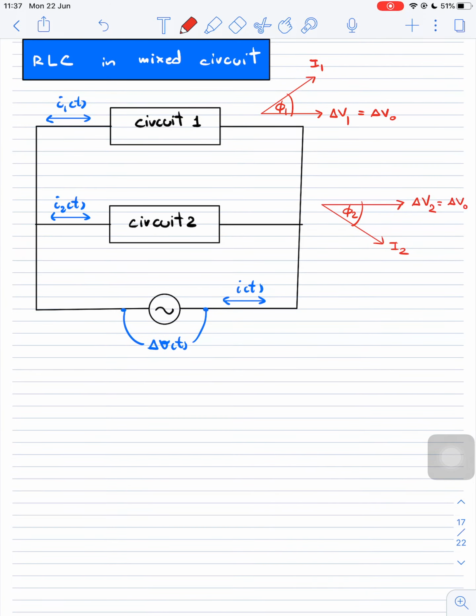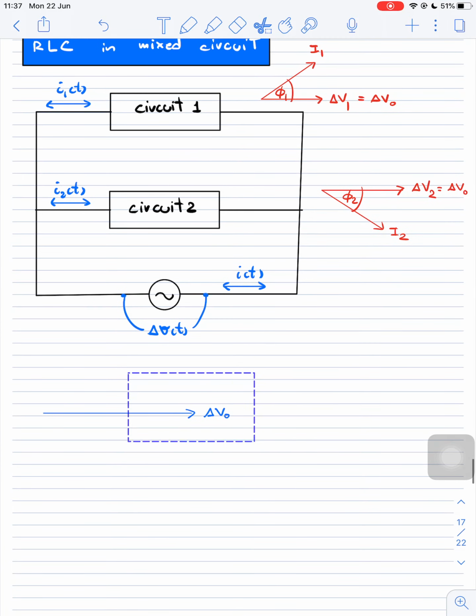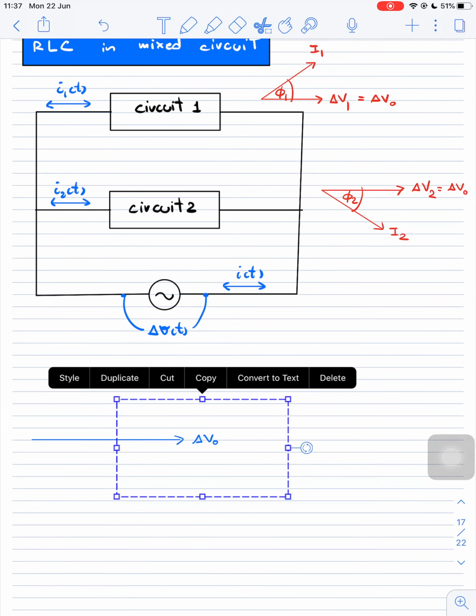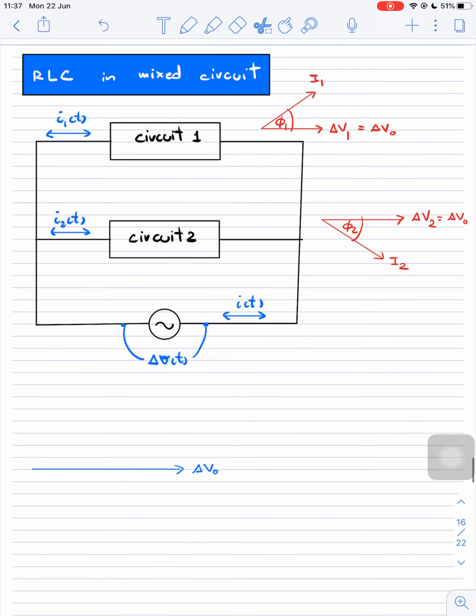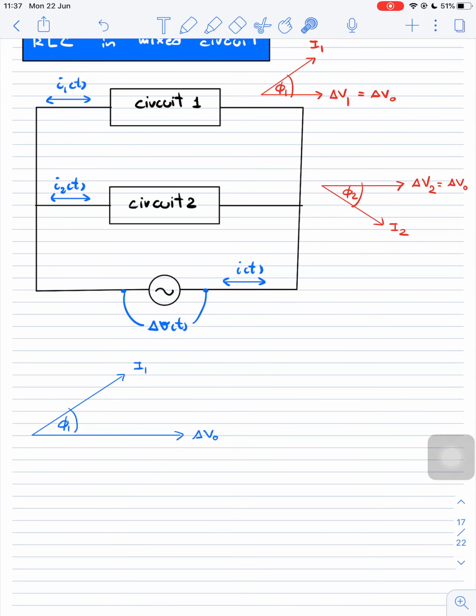Okay, so then for the phasor diagram, for the horizontal axis, we can have delta V naught as the horizontal axis because this is the common variable. Now for I1, we just go like this, and it makes the angle phi1 with delta V naught.